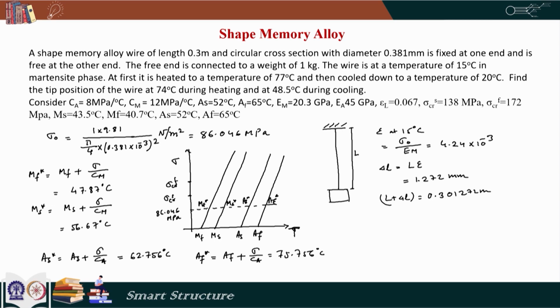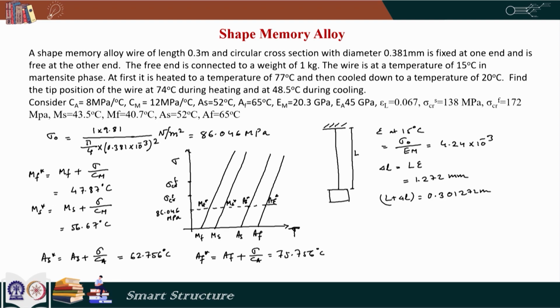Now, everything takes place along this dashed line. So, when the heating is taking place and the temperature is between A star and AF star, that time the austenite formation process is going on.